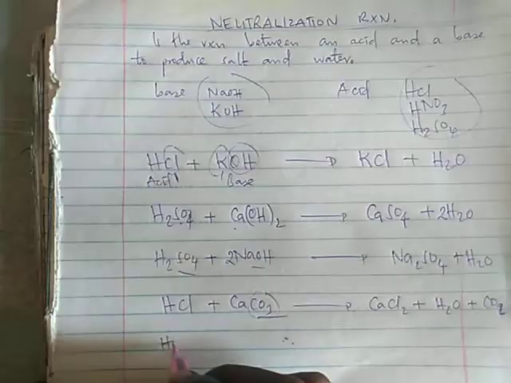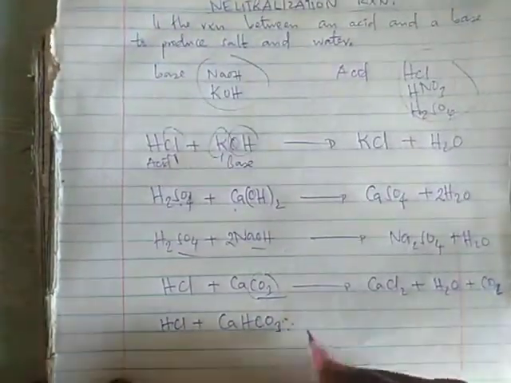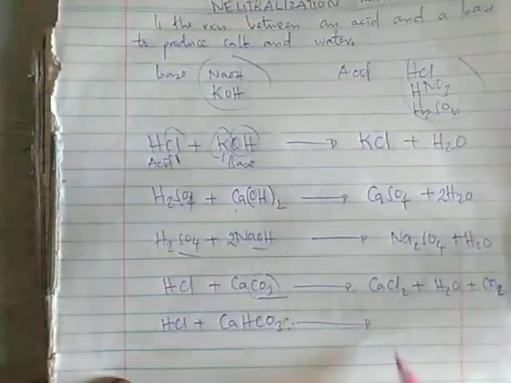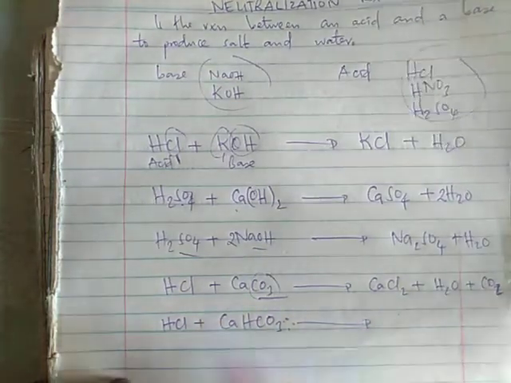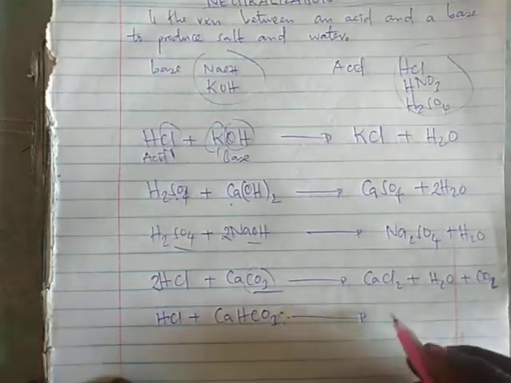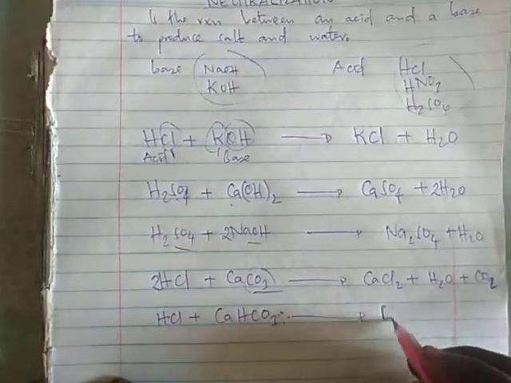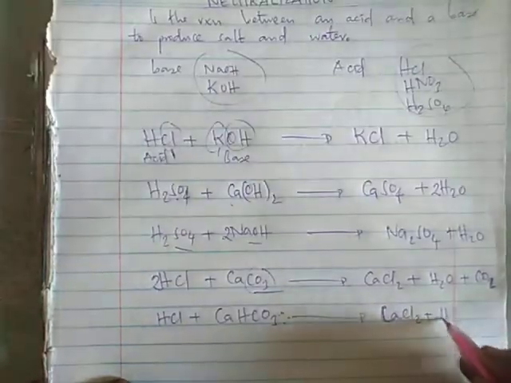Also we may have hydrogen chloride plus, let's say it's calcium hydrogen carbonate. Then what will we get? The equation here is not balanced. If we balance the equation, we can get 2 here. Yeah, it's balanced now. So here we'll get calcium chloride plus H2O, then plus carbon dioxide gas.